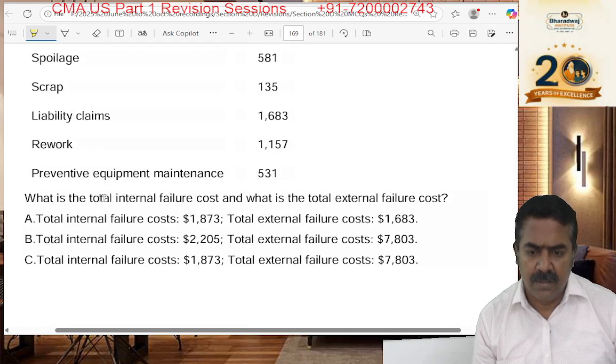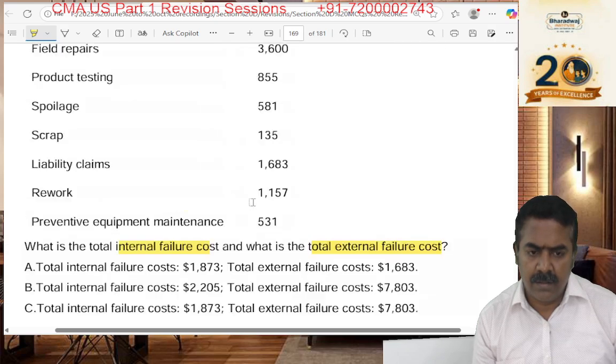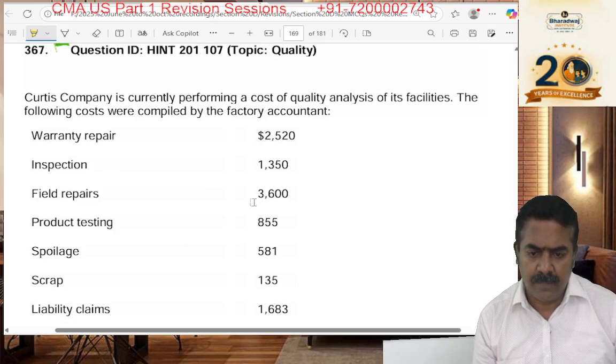Same question, internal and external failure cost. No, a different question. What is internal failure cost? Warranty repairs from, sorry, external. Internal: field repairs is part of your preventive costs. Inspection also. Spoilage.